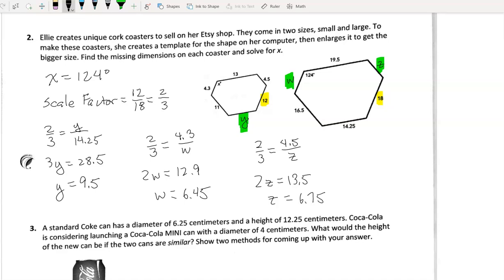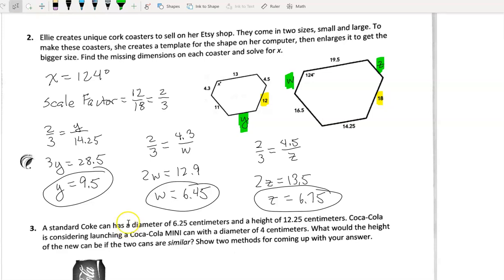So there are all the missing sides, w, y, and z. If you have questions, make sure you get those answered. Go ahead and finish the rest of the problems in the notes and the recap, and we will see you in the next video.